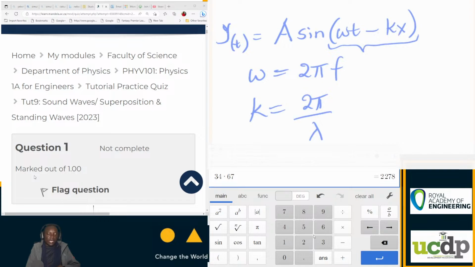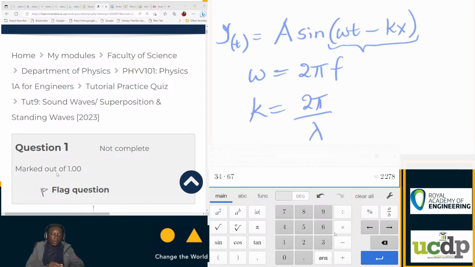Then kx is also the product of the wave number times the distance moved by the wave. So that also gives us the phase difference, or the initial phase at time t equals 0.